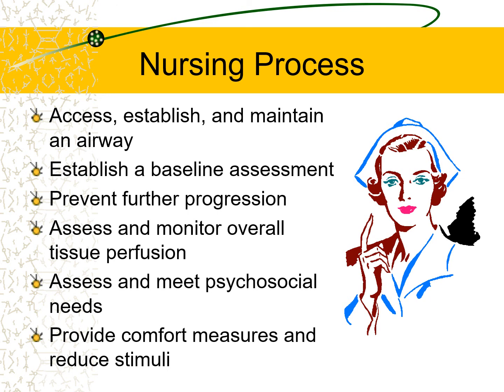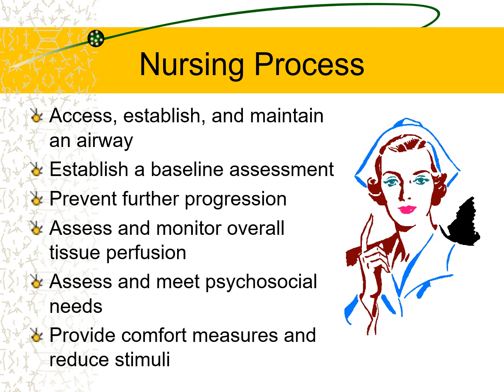Through a good assessment, including vital signs, and also knowing what medications your patient is on, and overall get that good assessment for tissue perfusion. Of course, we want to address psychosocial needs during this time and provide comfort measures and reduce excess stimuli. Okay, we want them to be at rest, not consuming more oxygen when they're already having issues with perfusion.